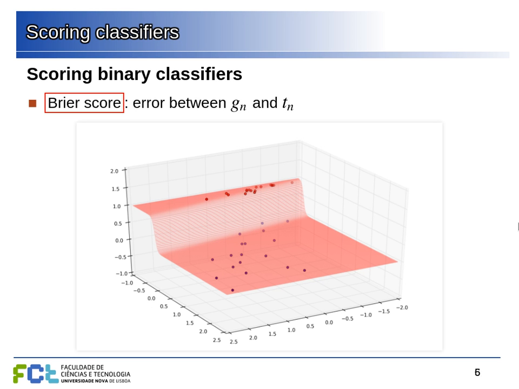So this is the curve that we get from our classifier. And now we can measure the Brier score by measuring the error between the predicted probability and the actual class each point belongs to. As long as your classifier can predict this probability, you can use the Brier score to evaluate the classifier.